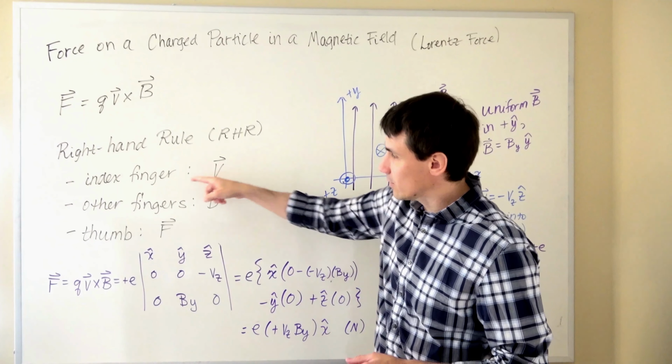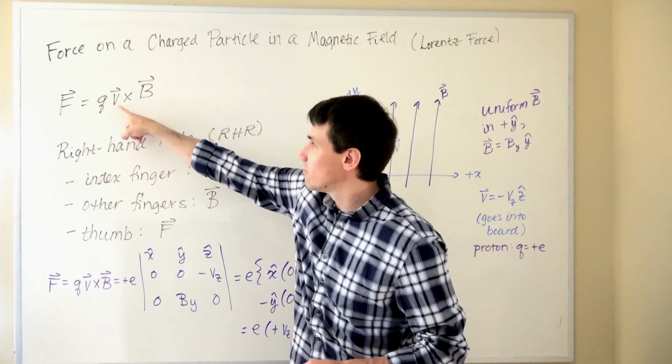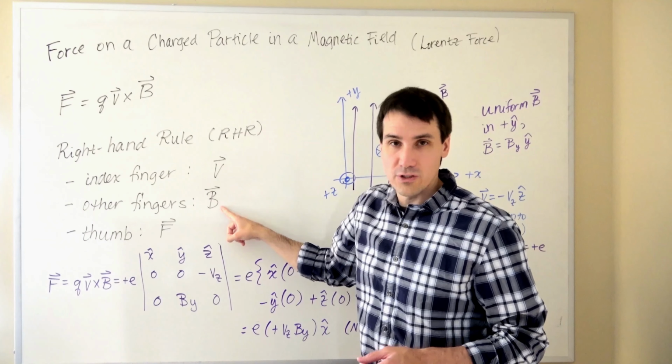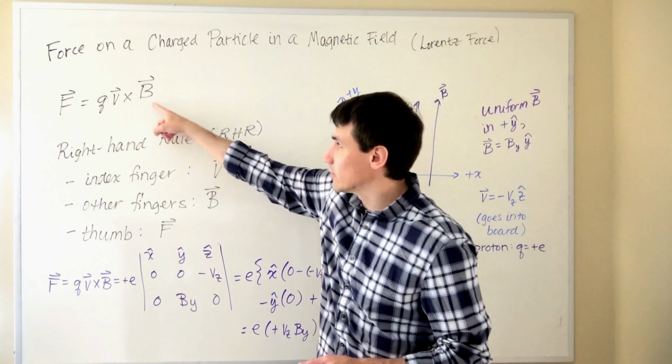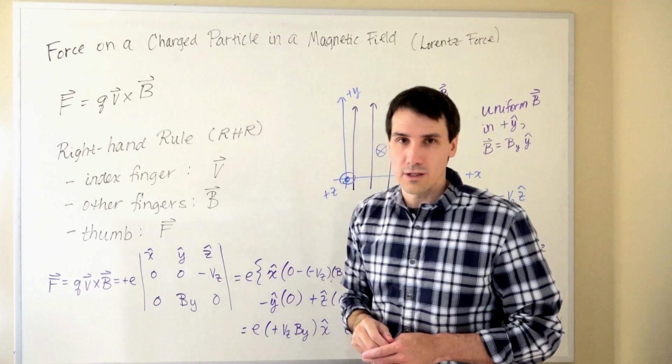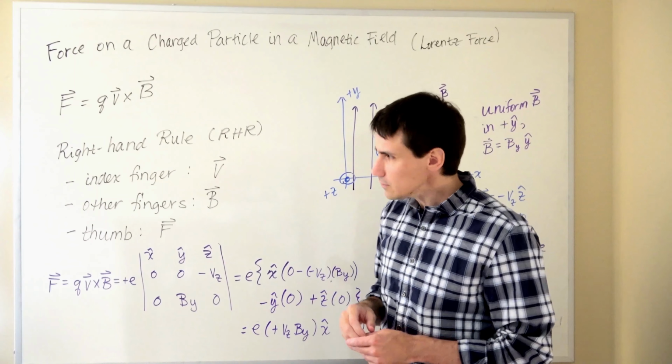So I've listed that here. Index finger points in the direction of V, our first vector. The other fingers point in the direction of B, our second vector in the cross product. And then our thumb points in the direction of the force.